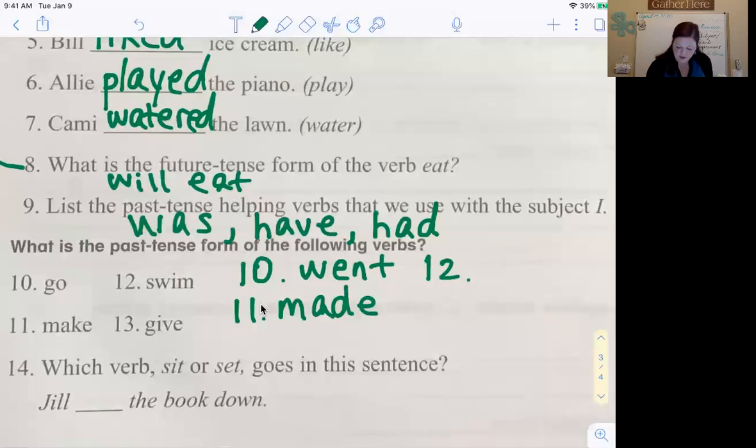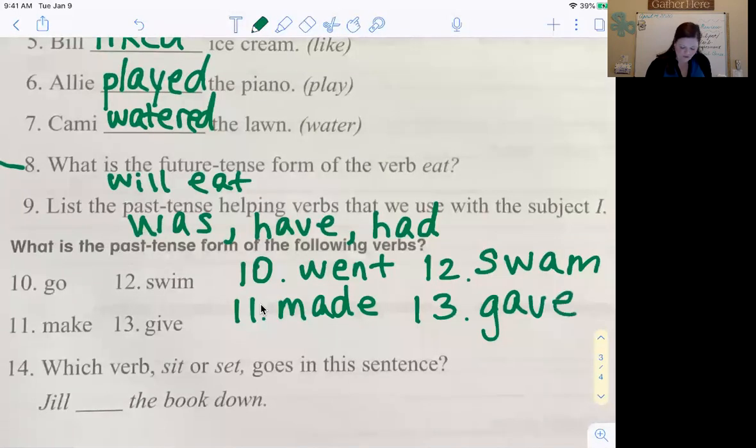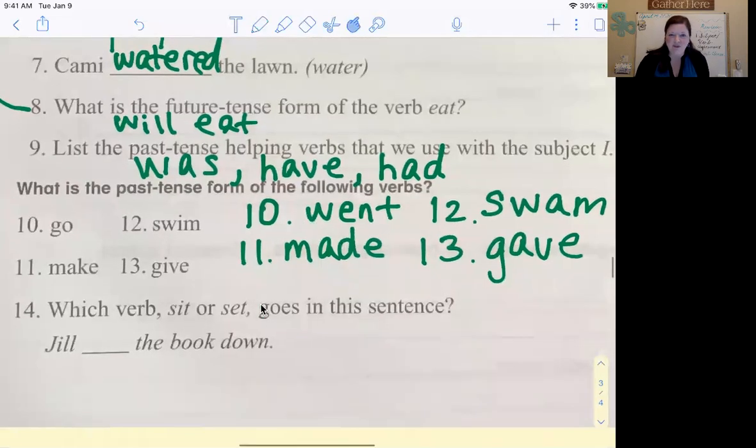Remember, you need help. So it's not swum. It's going to be swam. And number 13, the past of give is not given, but gave.